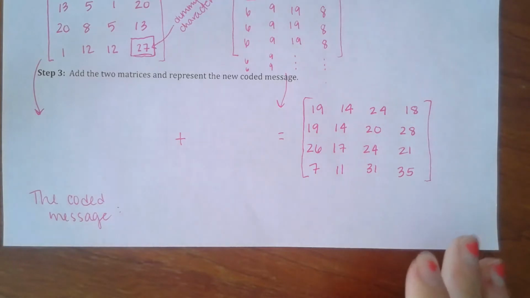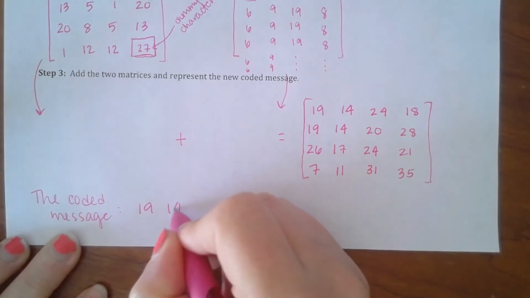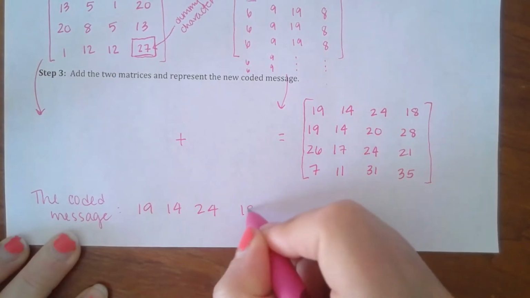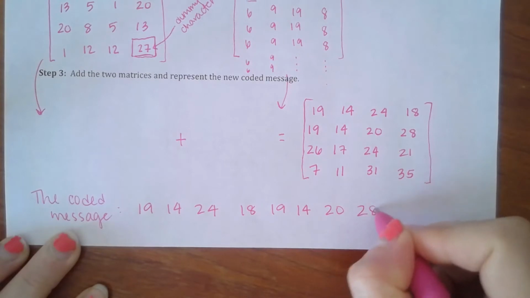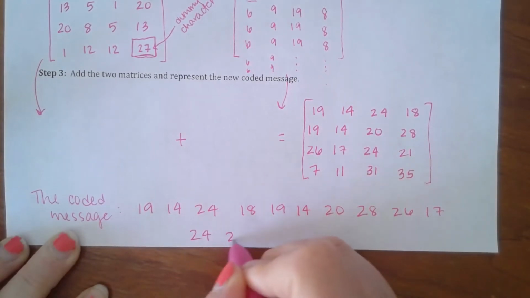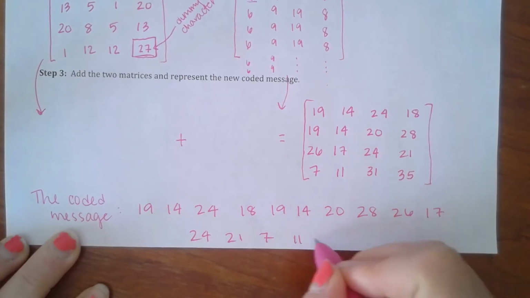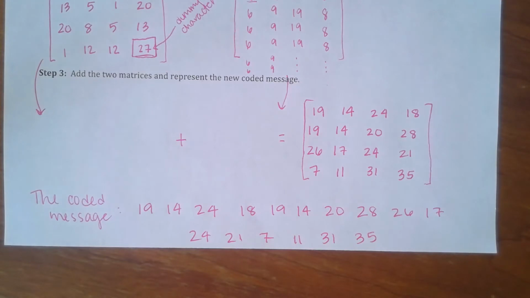So we'd put all these in a string of letters. So our coded message would look like this. So a bunch of numbers that don't really mean a whole ton.